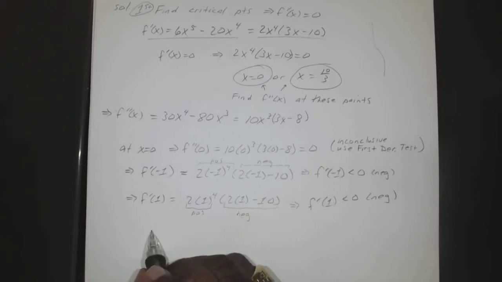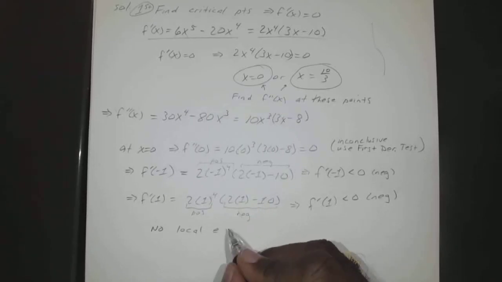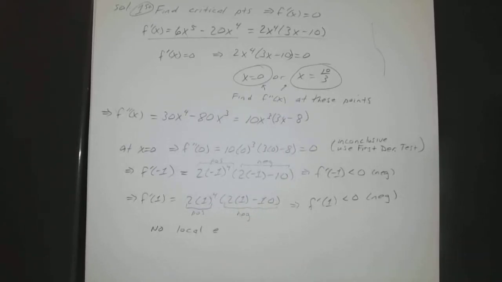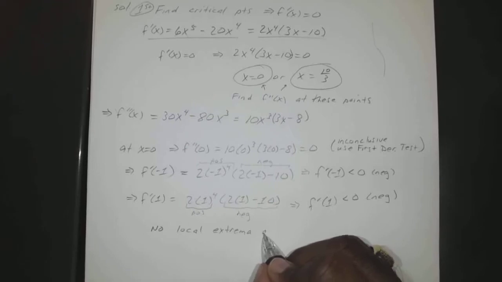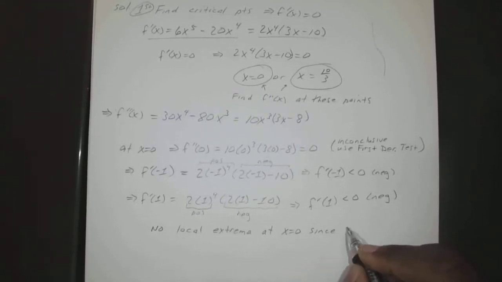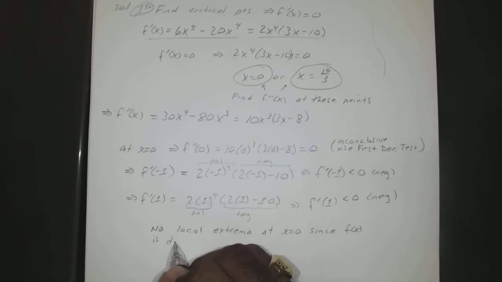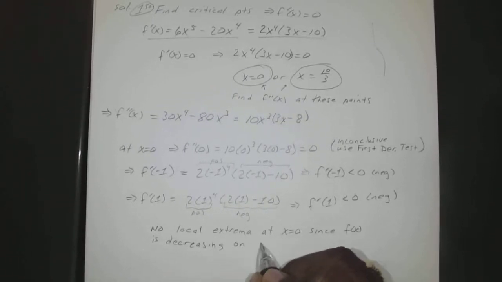Okay, so here there is no local extrema, which is just branching together the minima and maxima, at x equals 0 since f of x is decreasing on both sides.